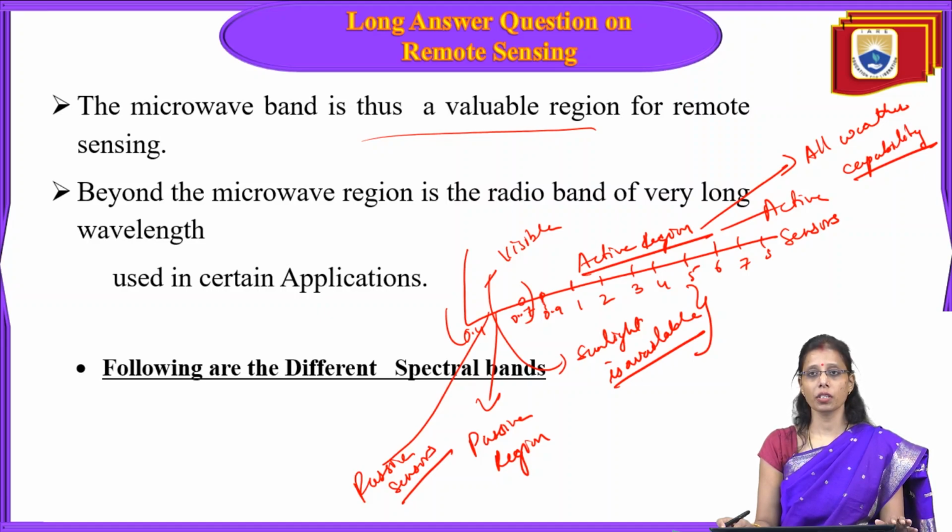Active sensors are used in our day-to-day applications, like mobile phones, scanners, and sensors for opening and closing the doors in lifts. These active sensors work in all weather conditions, whereas passive sensors are totally dependent on sunlight. Only when sunlight is available will this kind of sensor work.